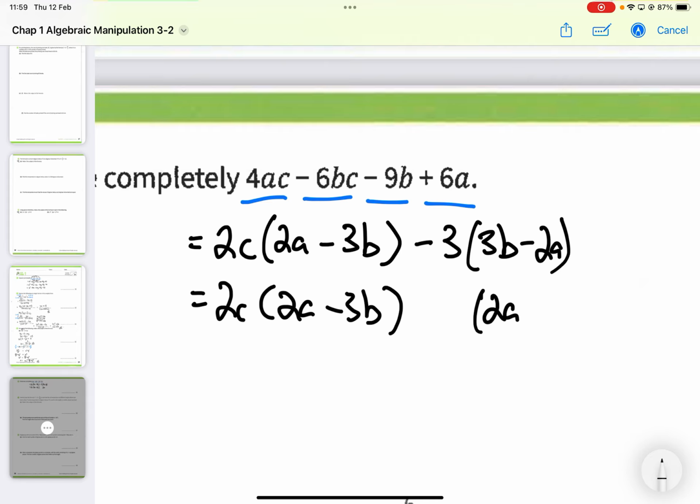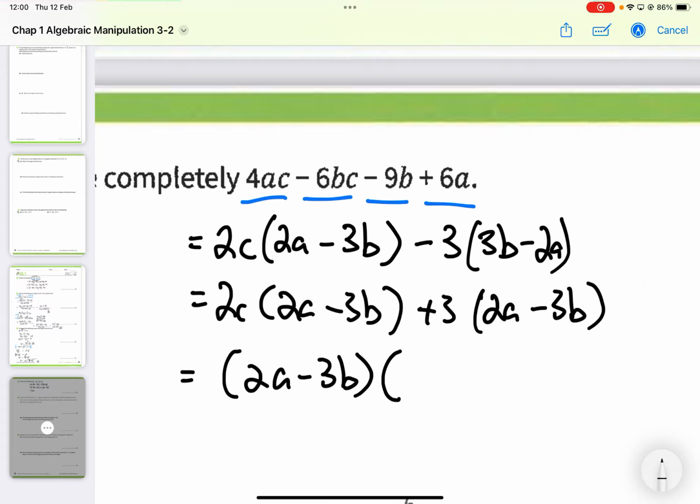Then my 3B will become negative 3B, as I factorize out the negative. Then I will have a completely same bracket. When the bracket is completely the same, I can factorize the bracket out. Then I'll be left with 2C plus 3.